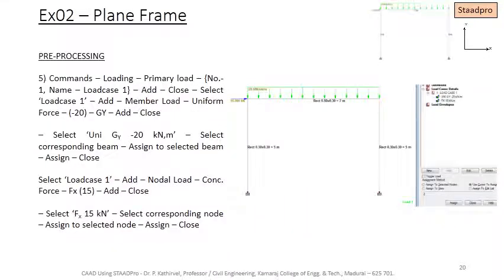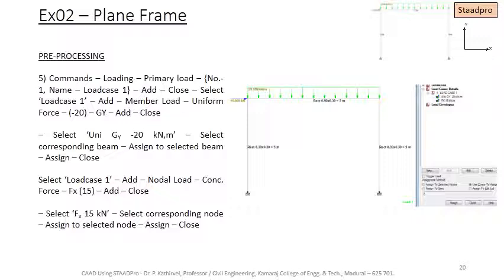The fifth step is to give the load. So go to commands, loading, primary load. The default value load number is 1. Name load case 1, add and close. Now select load case 1 in the right hand side window. Click add, member load, uniform force, minus 20 intensity in the global y axis.